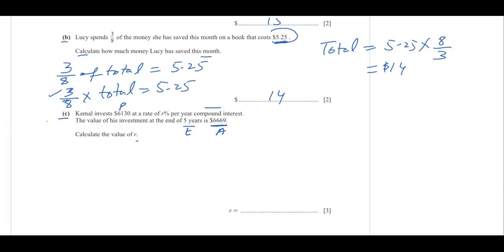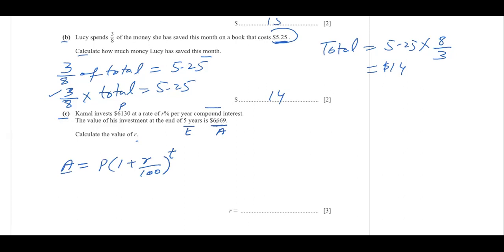So this time you will use the formula for the amount of the compound interest. Now the formula for the amount of the compound interest is A is equal to P into 1 plus R over 100 to the power T. This is the formula for the amount of the compound interest. Now amount is given.